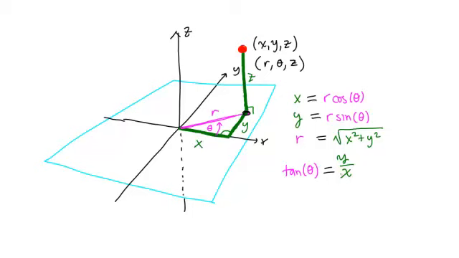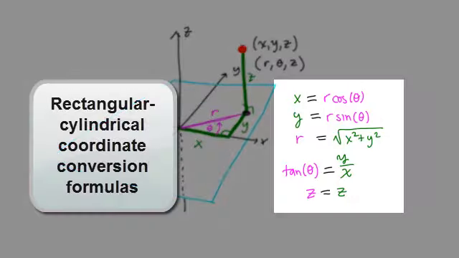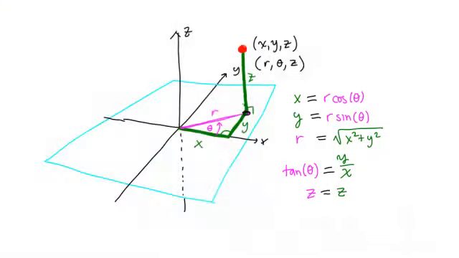If we add one final equation, the trivial statement z equals z, since the z-coordinate is the same in either rectangular or cylindrical coordinates, then these five equations are called conversion formulas between cylindrical and rectangular coordinates. And the best way to understand them is to try putting them into practice.